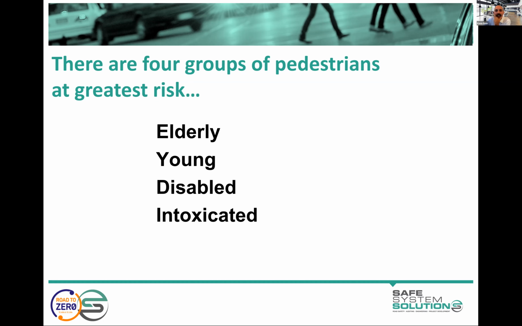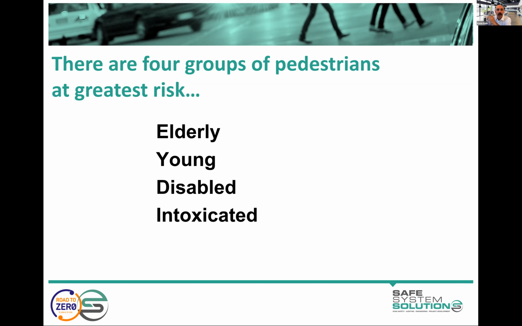But there are highest risk groups, but they're highest risk in slightly different ways. So elderly present quite a large proportion of death and serious injury, and from an individual perspective, they are at higher risk. Okay, the young, they don't present as much death and serious injury, but they have some characteristics that make them higher risk, and it's basically their size and their dartiness.